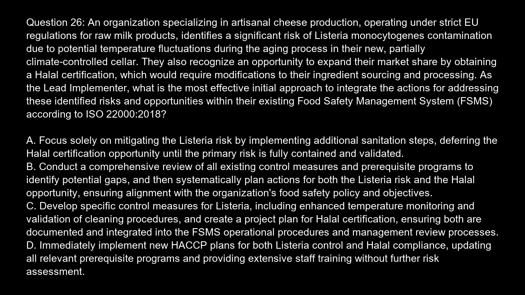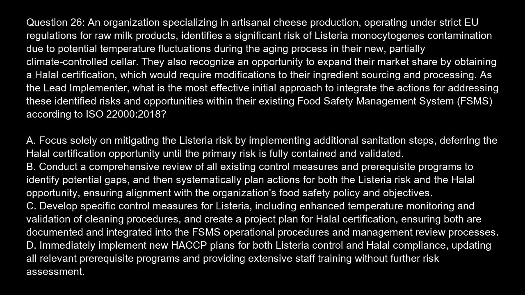Option A. Focus solely on mitigating the Listeria risk by implementing additional sanitation steps, deferring the halal certification opportunity until the primary risk is fully contained and validated. Option B. Conduct a comprehensive review of all existing control measures and prerequisite programs to identify potential gaps, and then systematically plan actions for both the Listeria risk and the halal opportunity, ensuring alignment with the organization's food safety policy and objectives.